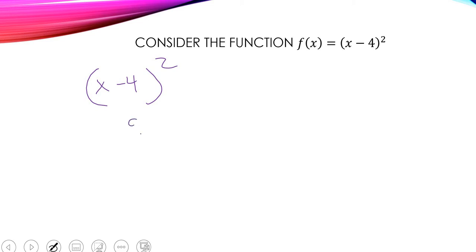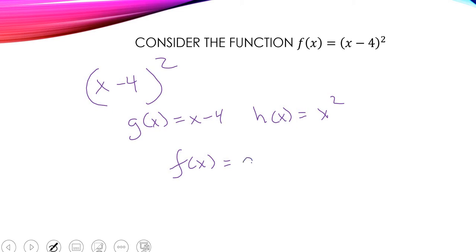So if we call this first function g of x equals x minus 4, and we call a second function, let's call it h of x, equal to x squared, then this composite f of x is h of g of x.